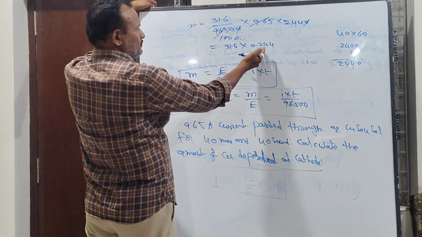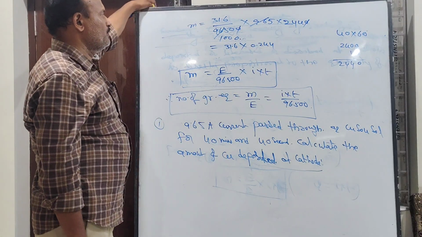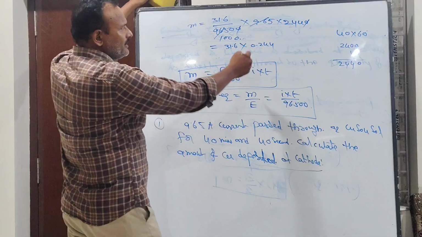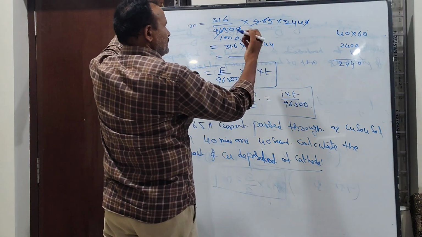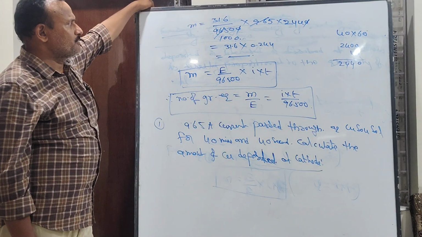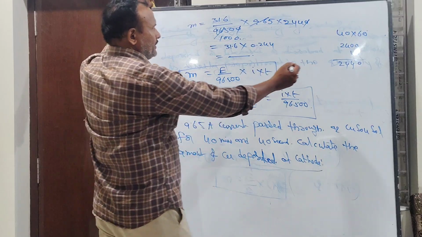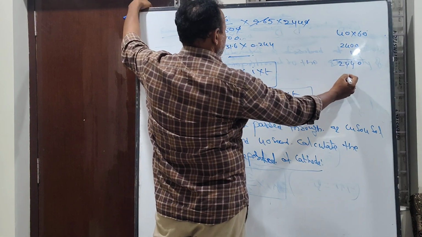By multiplying, we will get approximately 6 point something grams. Otherwise you can calculate and solve it.